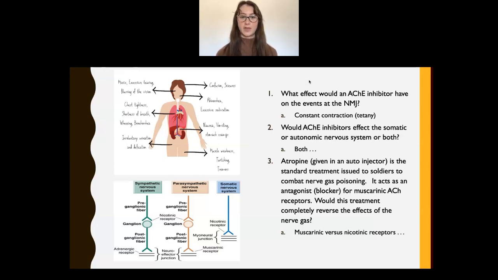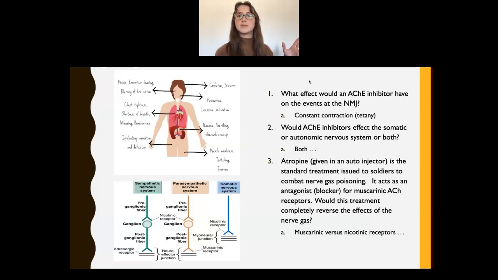We know that within the somatic nervous system, we're talking about muscles, so the skeletal muscles, voluntary movement of skeletal muscles, neuromuscular junction. At that neuromuscular junction, the neurotransmitter that we have been dealing with is acetylcholine. So we know it's definitely going to affect the somatic nervous system.